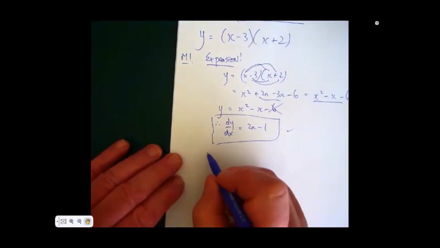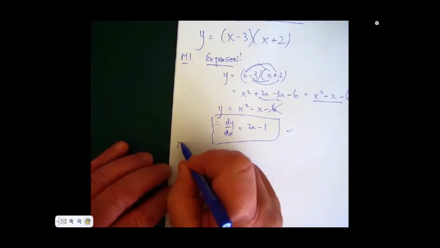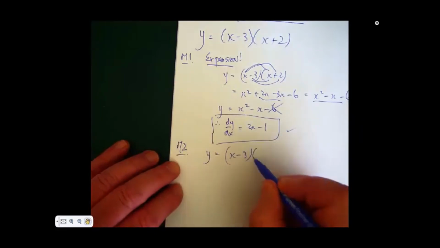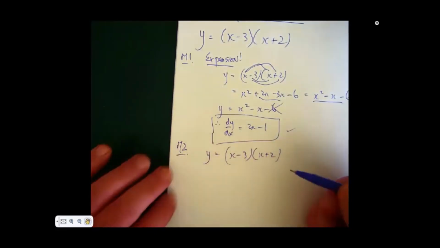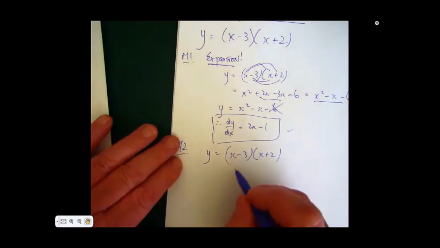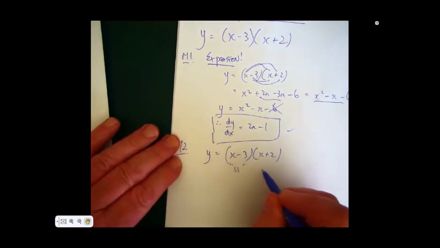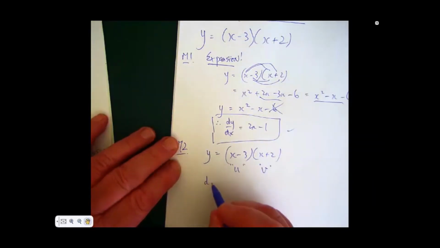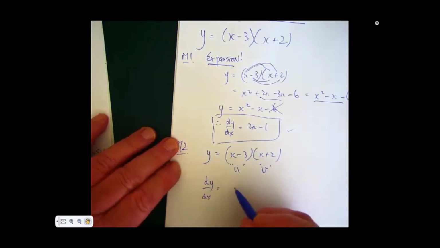So I'm going to say, this is method 2 now, the product rule, y equals (x minus 3)(x plus 2). Now we designate one of these can be u, and this one can be v. So the differentiated form, which will give us our final answer, dy/dx, I'll go straight to that.